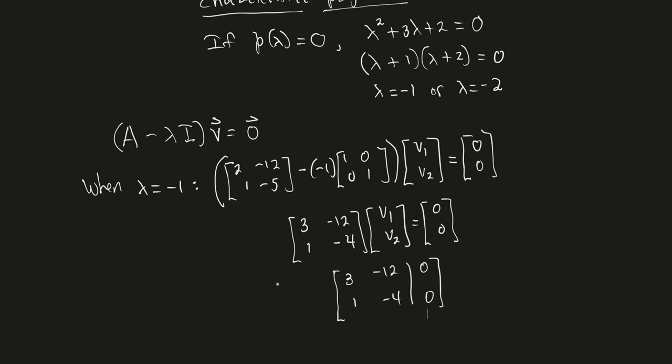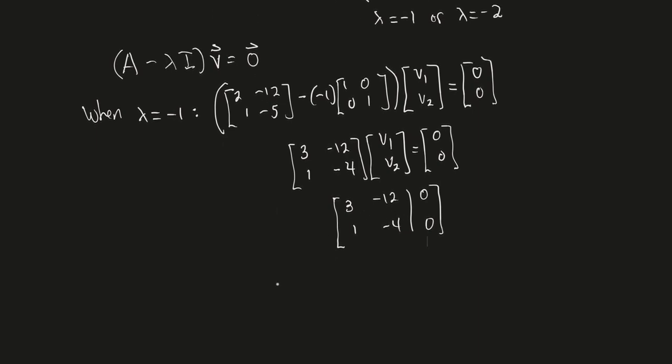Now, if you look closely, we see we can have a pivot by swapping our rows. So let's swap rows 1 and 2 so that we can get the 1 in the upper left position. If we swap those, then we have 1, -4, 0, and then 3, -12, 0.